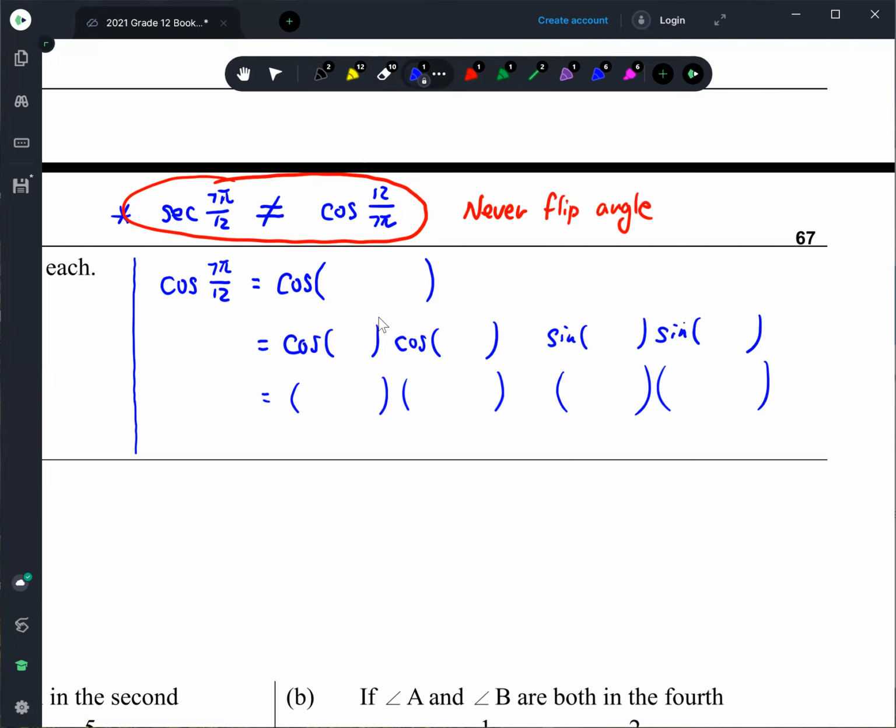Please figure out what are the two angles that can make up 7 pi over 12. If you found the two angles, please raise your hand. Okay. Let's confirm on the angles first.